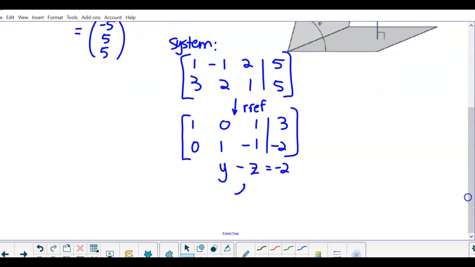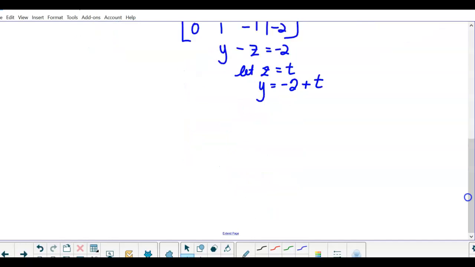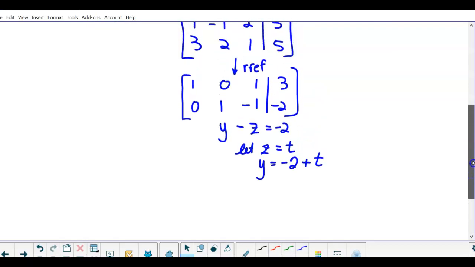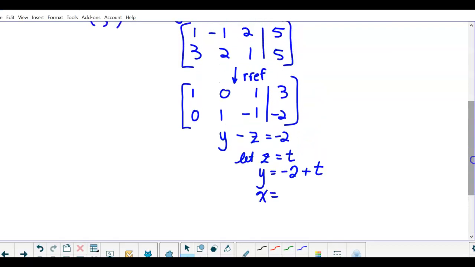So I'm going to let z equal t. So then y would be -2 plus t, and then x would equal 3 minus t. So really, that's going to be your equation of your line. So let's compare it to the direction vector that we got using the cross product.